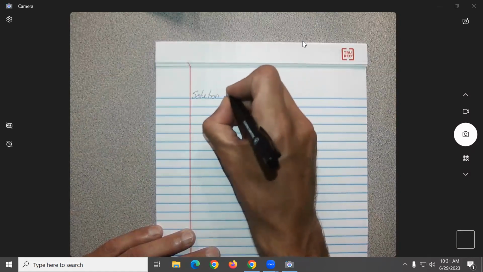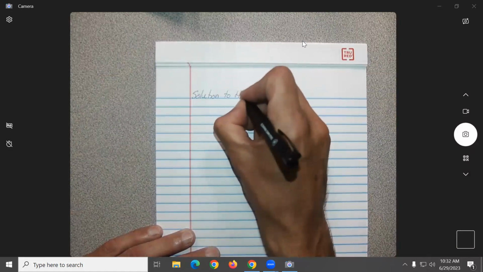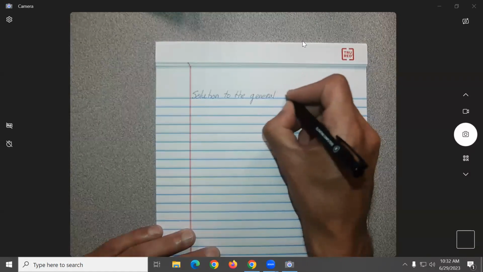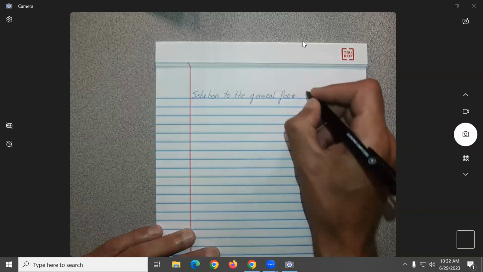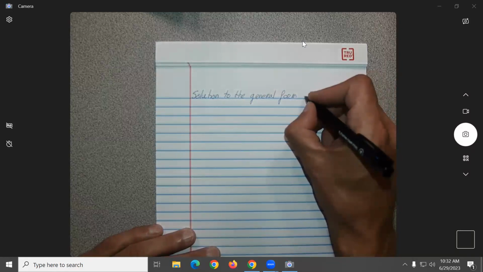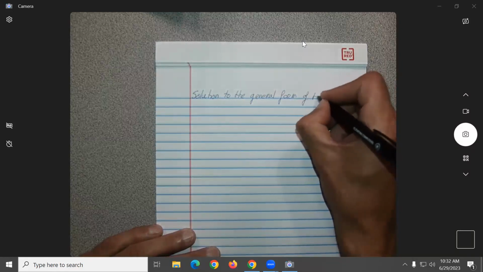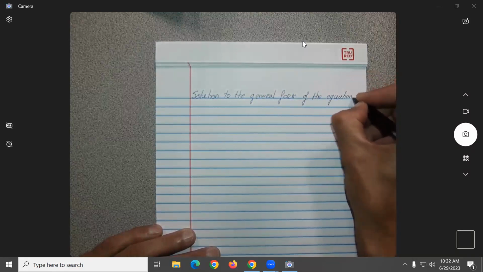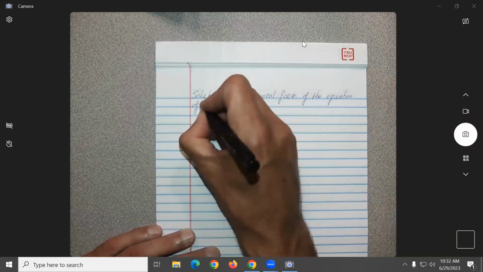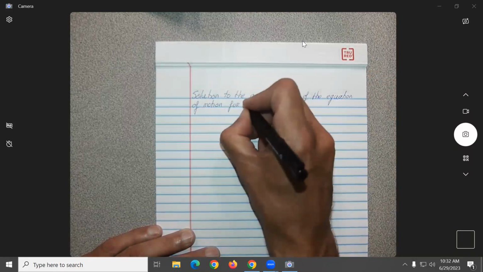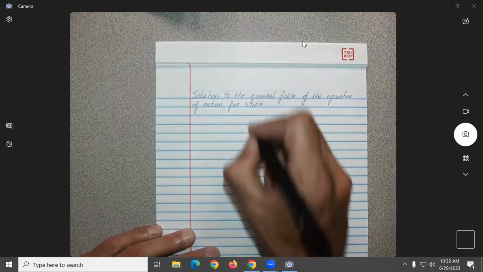Solution to the general form equation of motion for single degree of freedom.